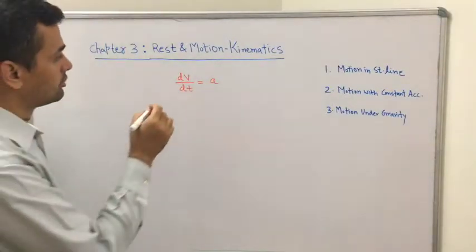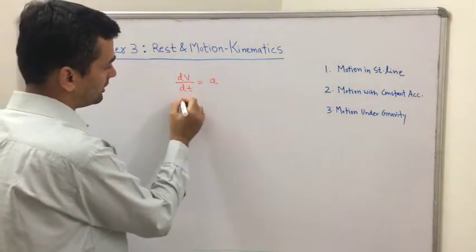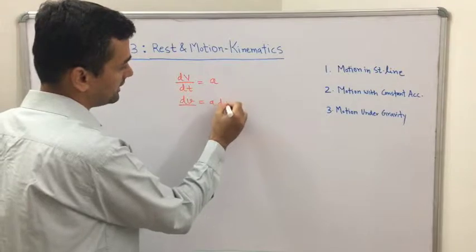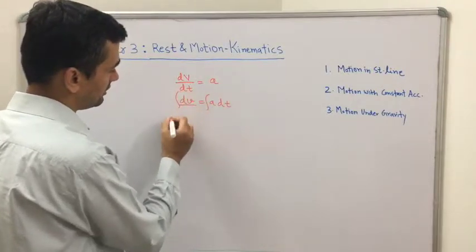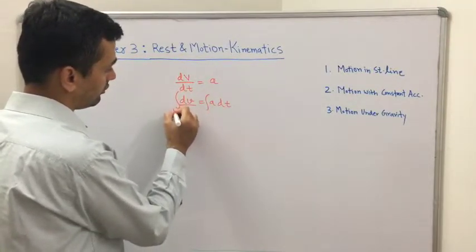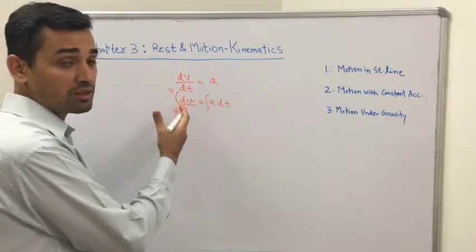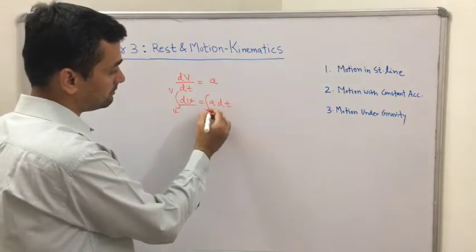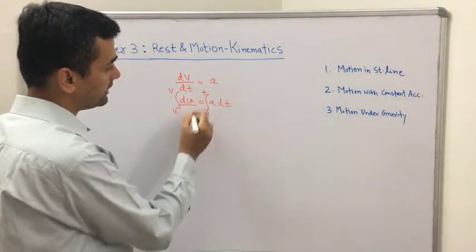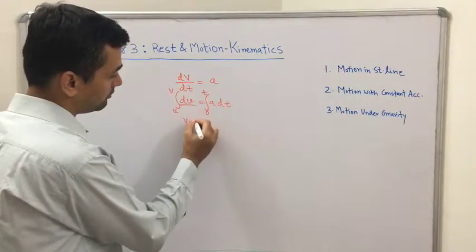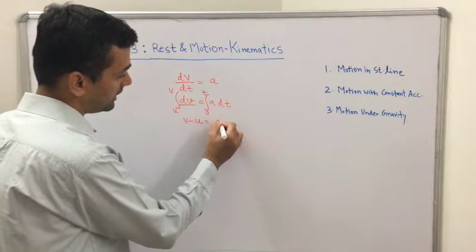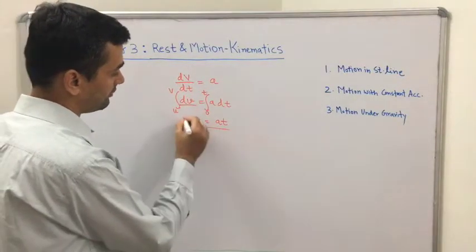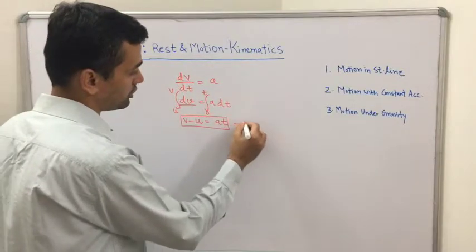If acceleration is constant, I can say dv is equal to a dt, and if I integrate this, let's say the initial velocity is u, final velocity is v, and time is 0 to t, then that becomes v minus u is equal to at. So this is my first equation of motion under constant acceleration.